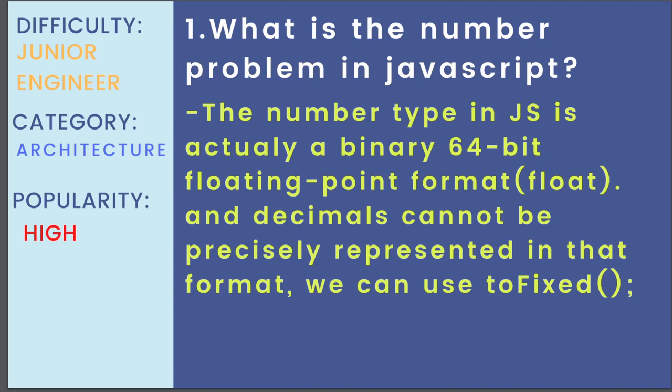So the number type in JavaScript is actually a binary 64-bit floating point format, and decimals cannot be precisely represented in that format. To fix this problem we can use the toFixed method. Quick example, if I do 0.1 plus 0.2 double equals 0.3, I'm going to get false.